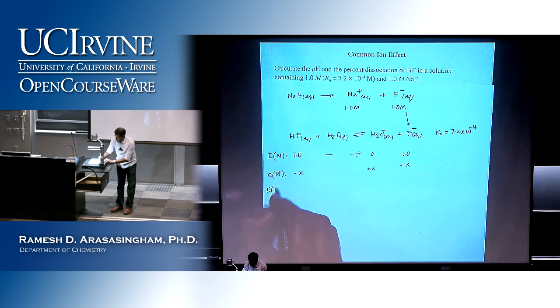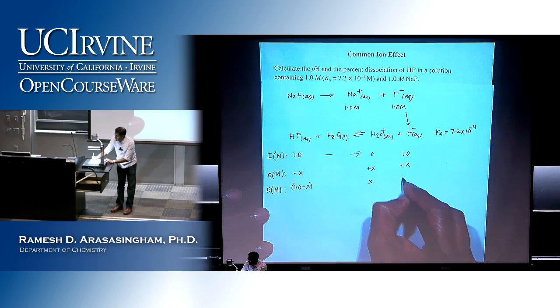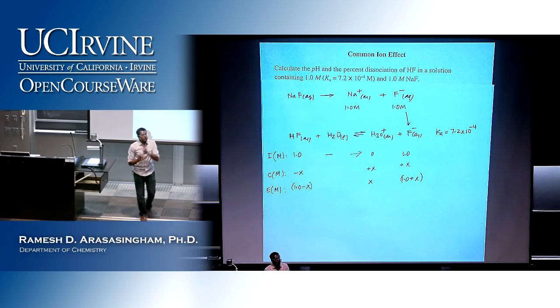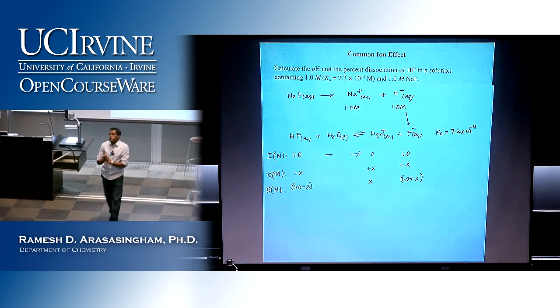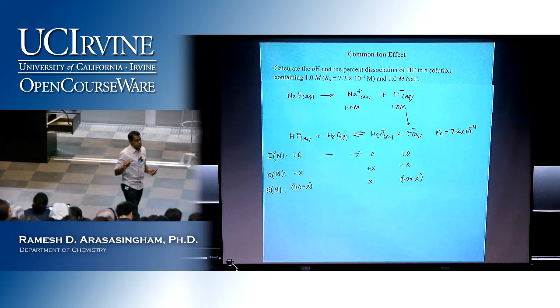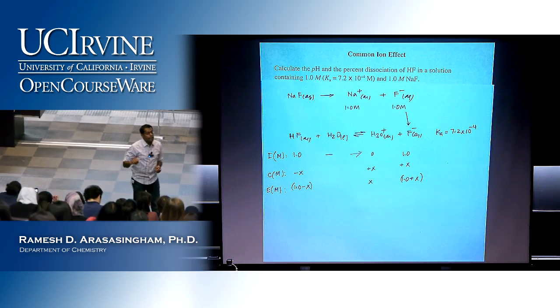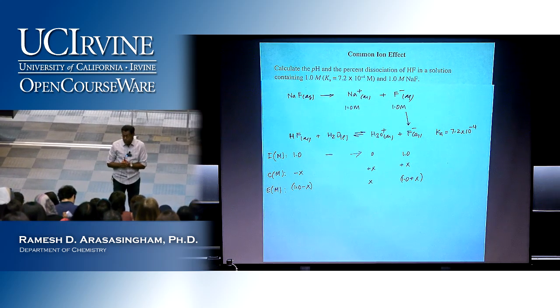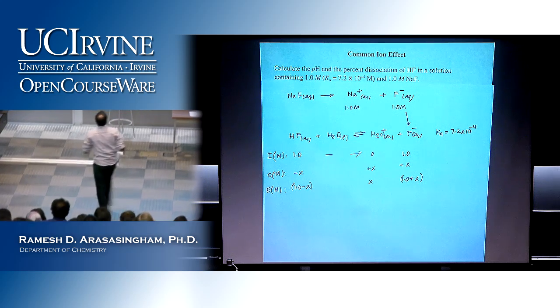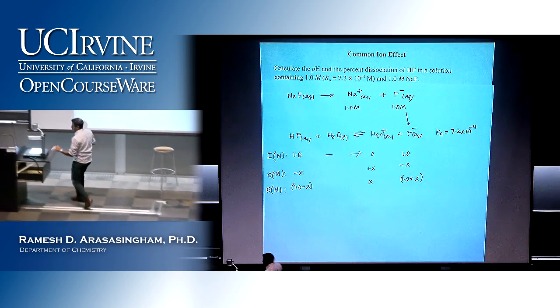Therefore, at equilibrium, I would have 1 minus x, x, and 1 plus x. So can everybody see the only difference here is that we have F minus to begin with, and if the reaction is proceeding in the forward direction, then the concentration of F minus is going to increase. All right? And so now we can solve this like any other equilibrium problem.